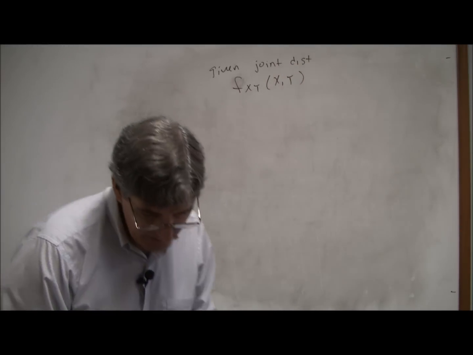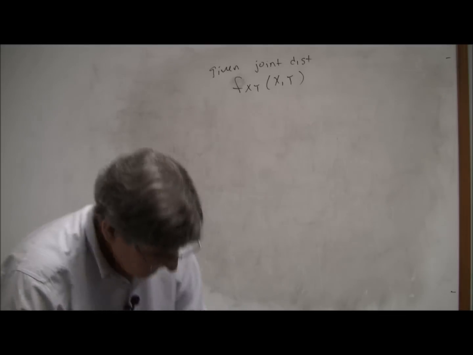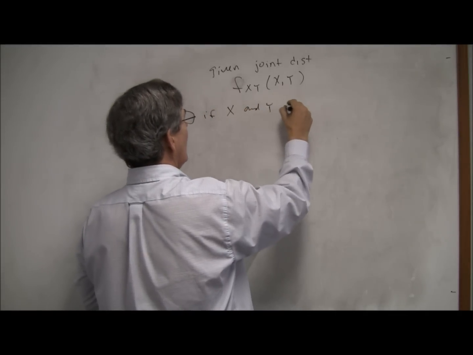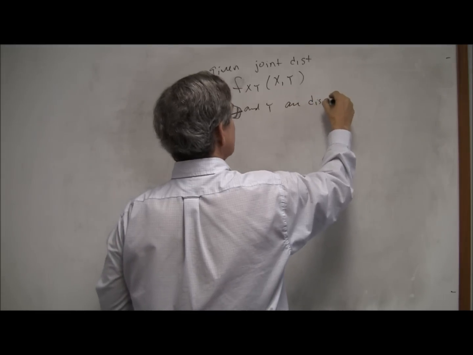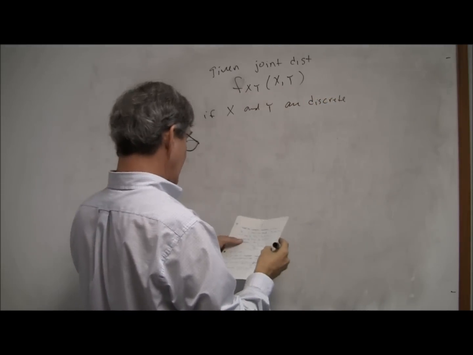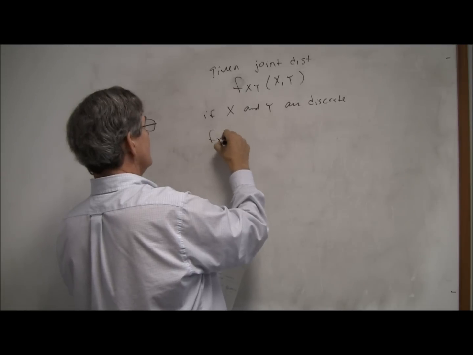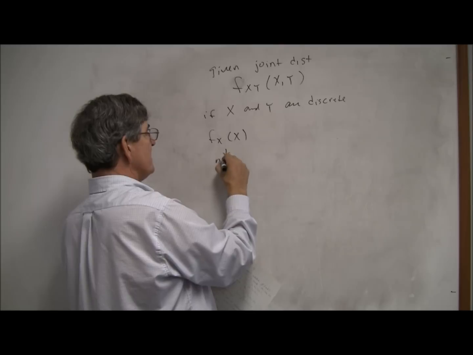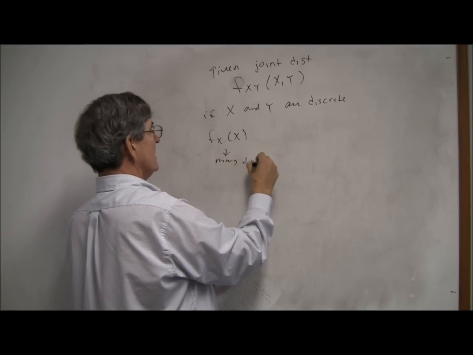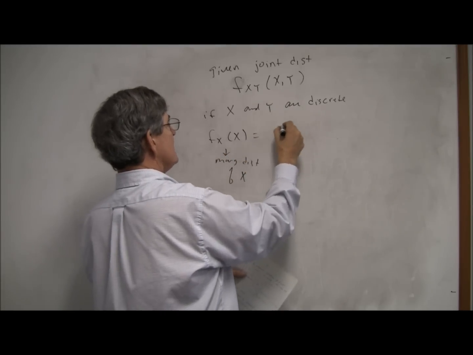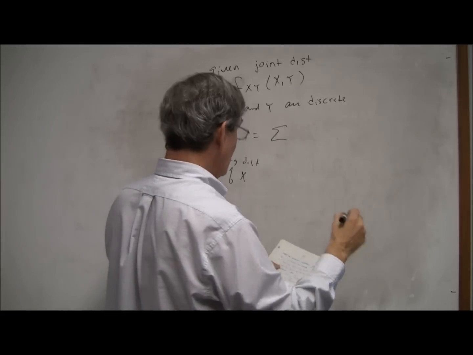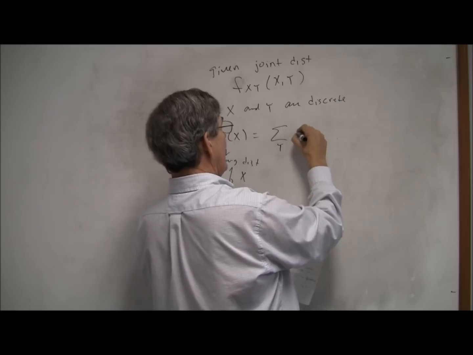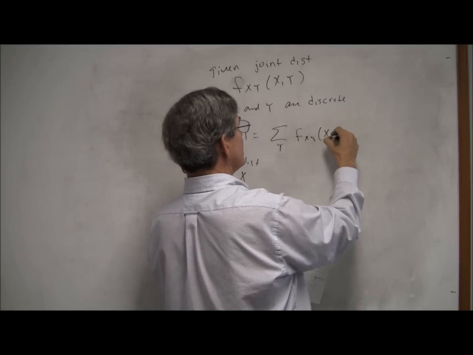Given that, if x and y are discrete, as in the example we just did, then fx of x, the marginal distribution of x, is just the sum over all the y values of the fxy of x and y.